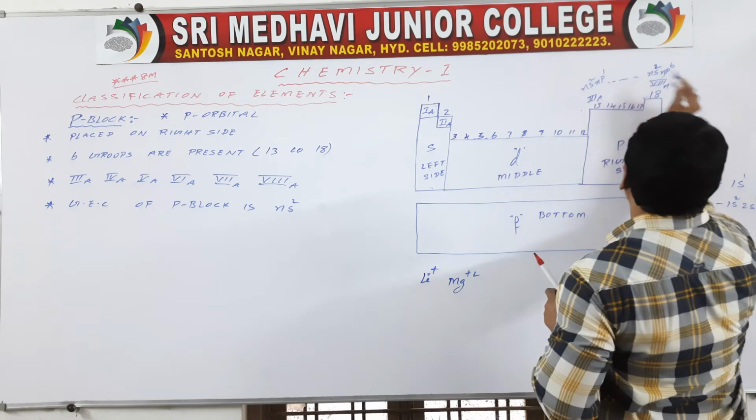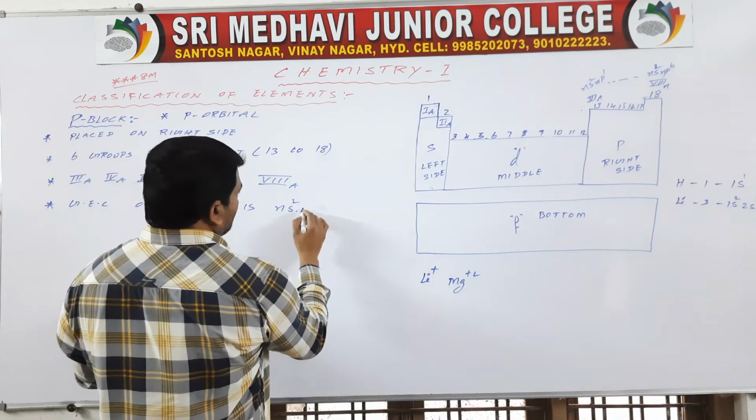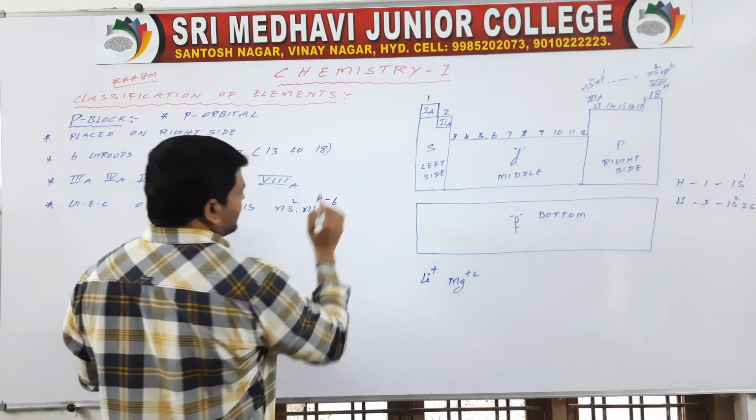So like this. The general electronic configuration of p block is ns2 np1 to 6.